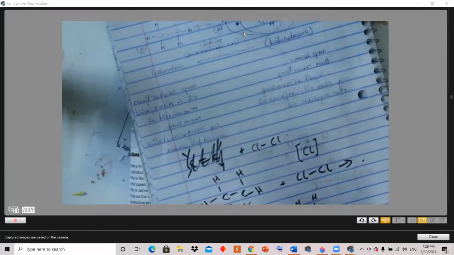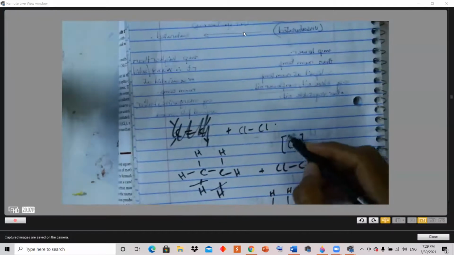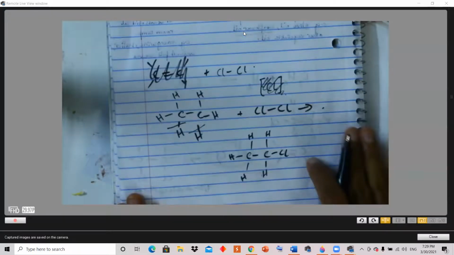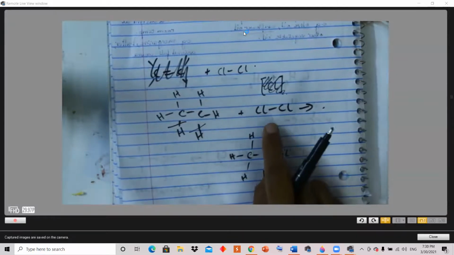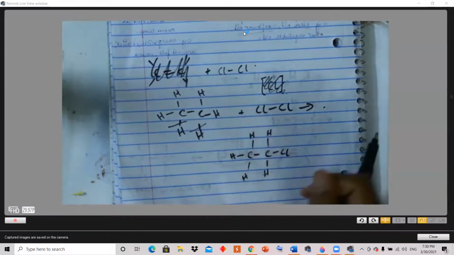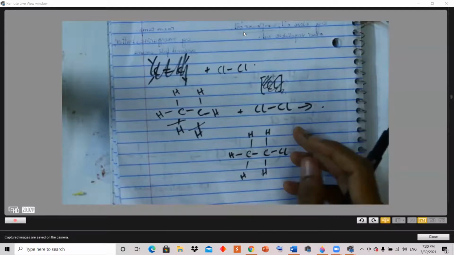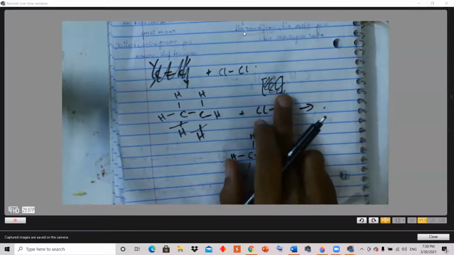They did not show the free radicals here, they have only shown chlorine, a simple chlorine molecule this way. Okay, then no need to do this. Chlorine molecule, that's it. But then the question arises, where did the other chlorine go? This is not a balanced equation. So I would suggest you use this.